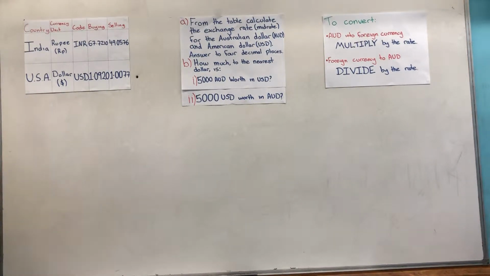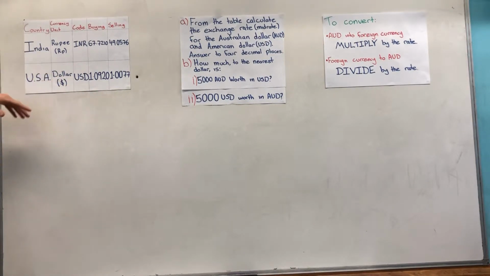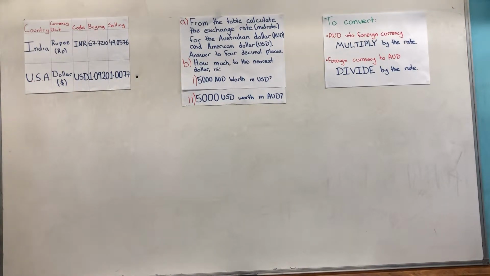Your textbook has a very large table with a lot of different countries on it, but I just drew up these two because they're the two we use for the examples. So if you want to have a look at the other ones, you can. It's pretty exciting stuff, but this is the gist of what's on the table.